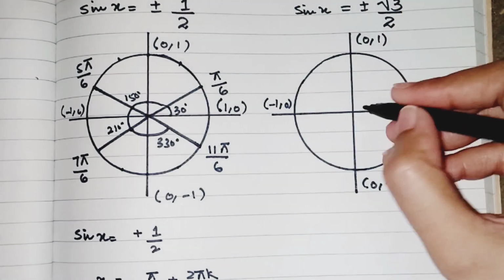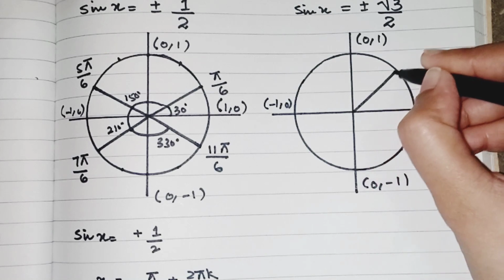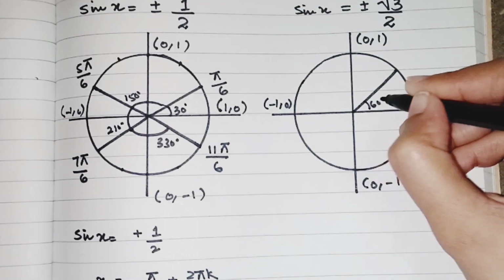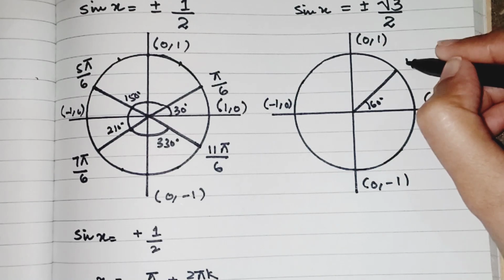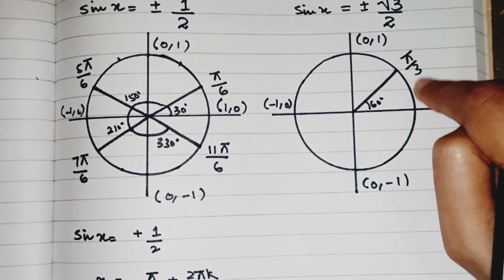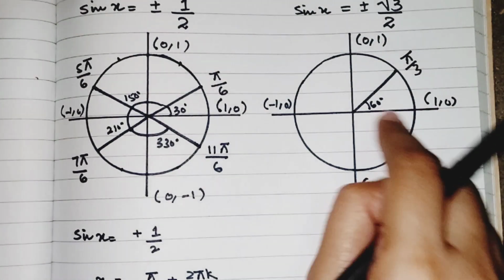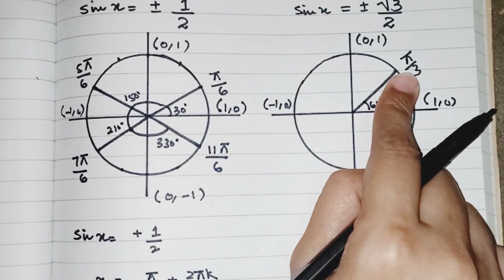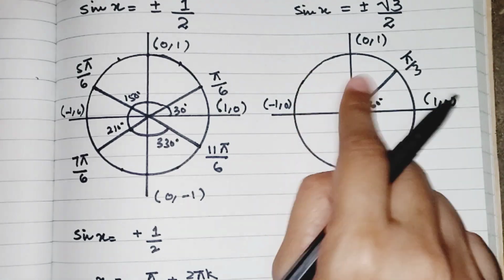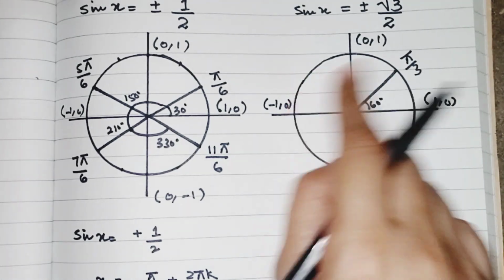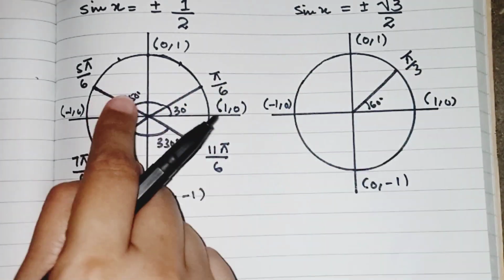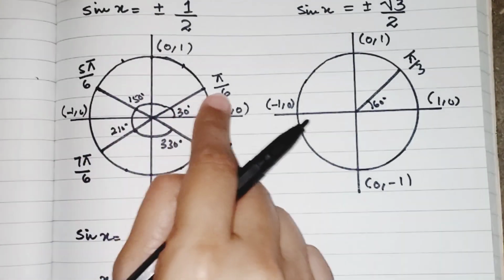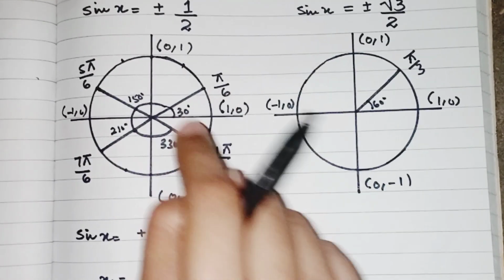So my first quadrant is 60 degree, so I can write pi upon 3. How can I write 3 over here? Because in 180 I can write 60 degree for one value, so the other I have two values, 1, 2 and 3, so I have to write 3 over here.